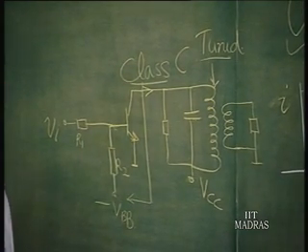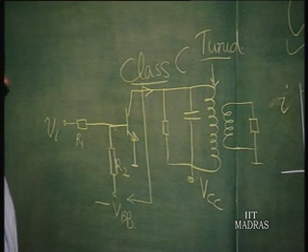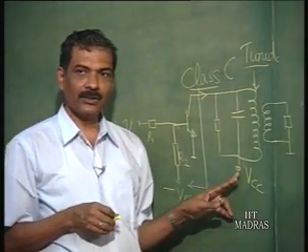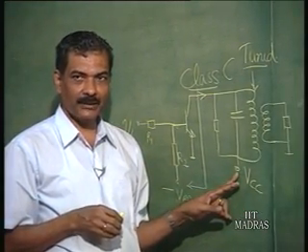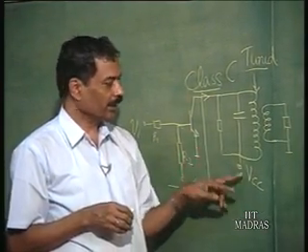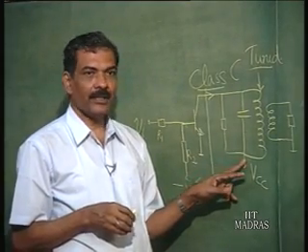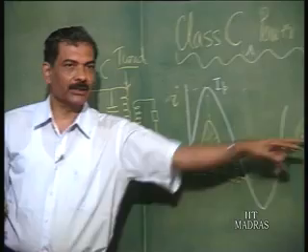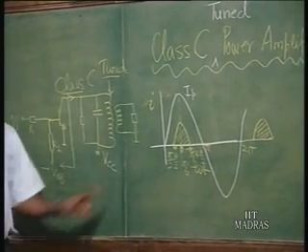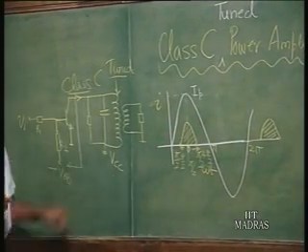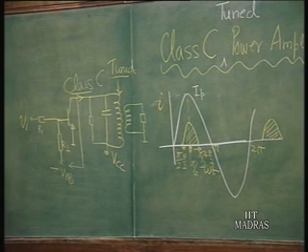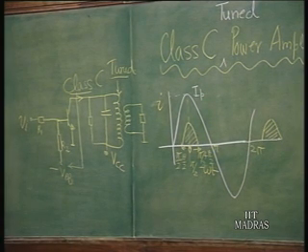Now, we have to understand how much is the input power. That is very easy. VCC is going to be the supply voltage, DC supply voltage to this, and therefore, through this an average current flows, and that average current corresponds to the average of this particular waveform, this current waveform. So, that therefore, is nothing but VCC into I average is the power input.